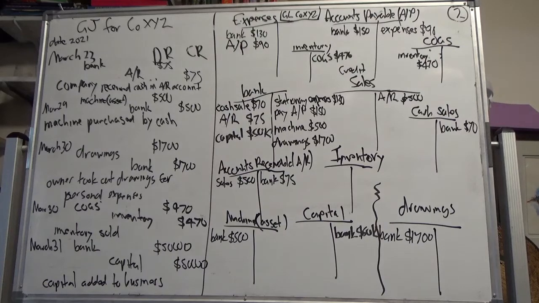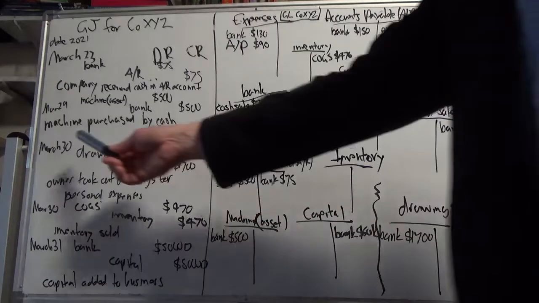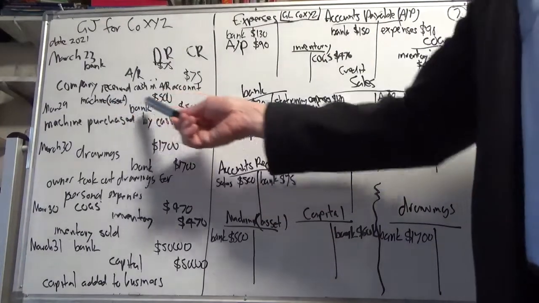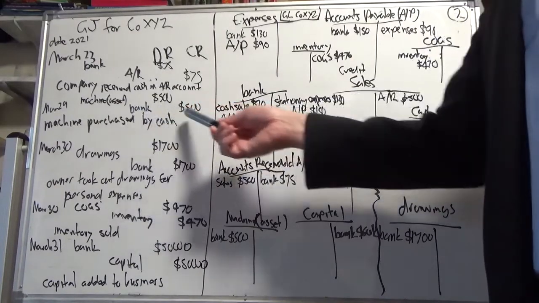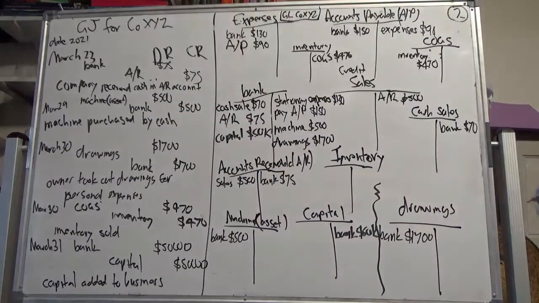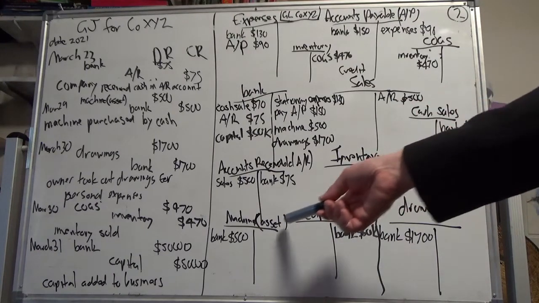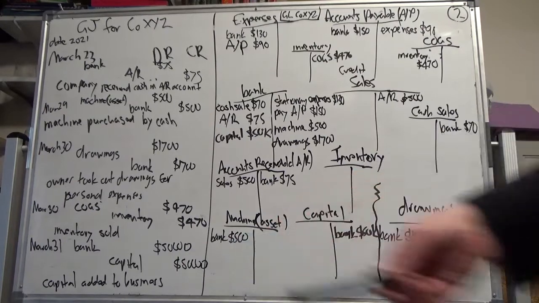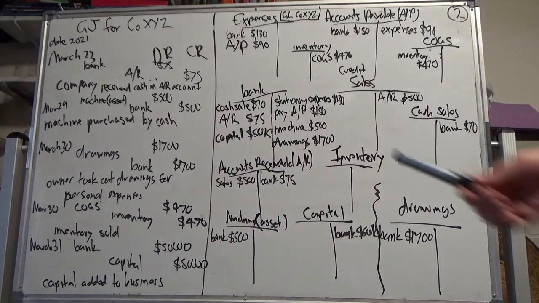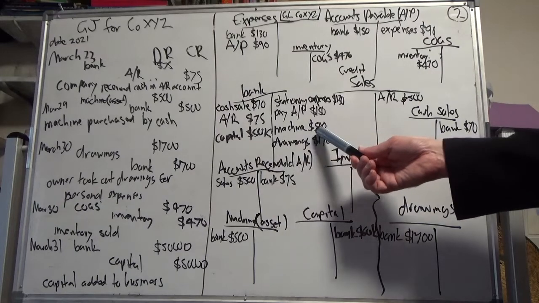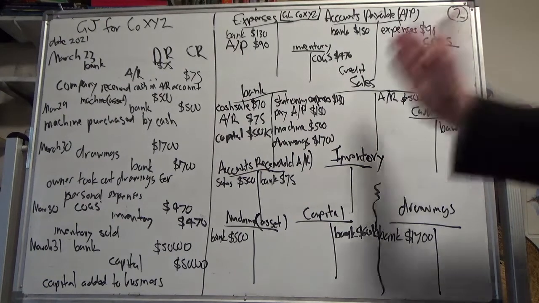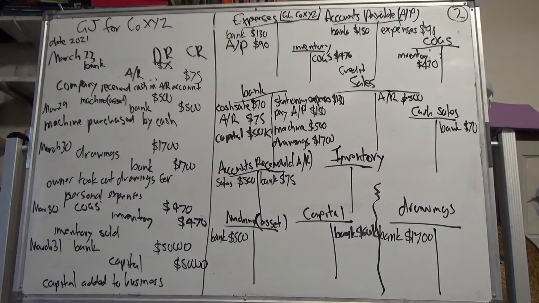Next one, the company purchased a machine by cash, spent $500 for it. You increase the assets, machine, $500. You credit bank outgoing money to buy the machine. So let's go to machine, which is an asset, label it bank 500. Machine's always a debit item, that's consistent. And with bank, you credit $500. That's outgoing money, credit bank for the machine, okay?